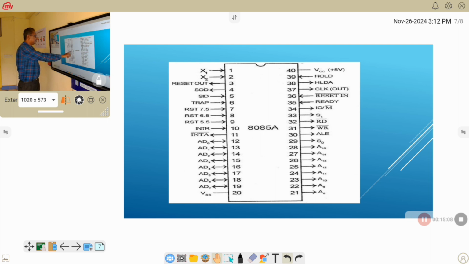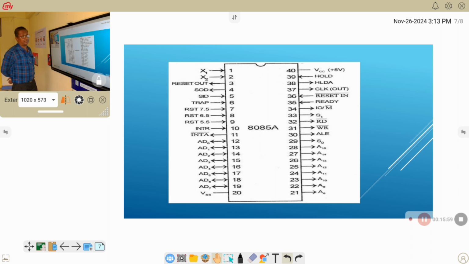If pin number 12 to 19 are used as the address bus, they become A0 to A7, and pin number 21 to 28 are always used as the address bus. So only pins 12 to 19 are common for address as well as data, but pins 21 to 28 are used only for address. These are called the low order address bus and these are called the high order address bus.